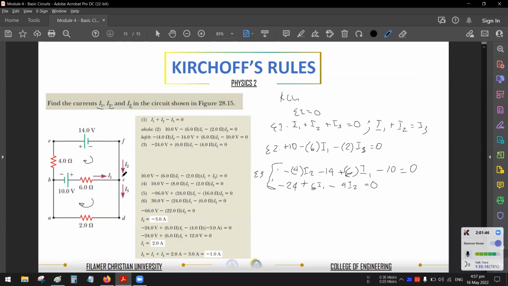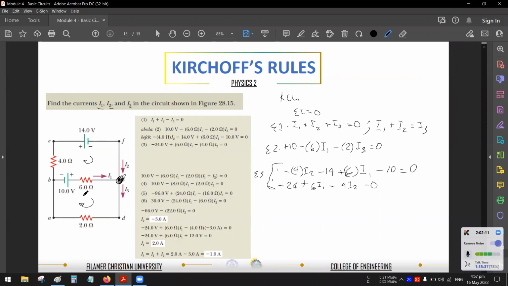So if we refer this point, I1 plus I2 is equals to I3. Tama? So meaning pinasok natin yung dalawang current, lumabas siya ng isa. Ayan. So dito tayo nag-base.